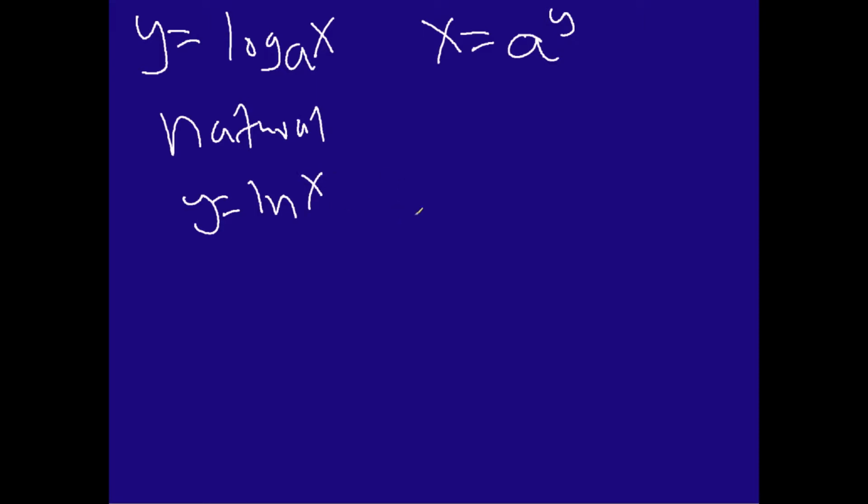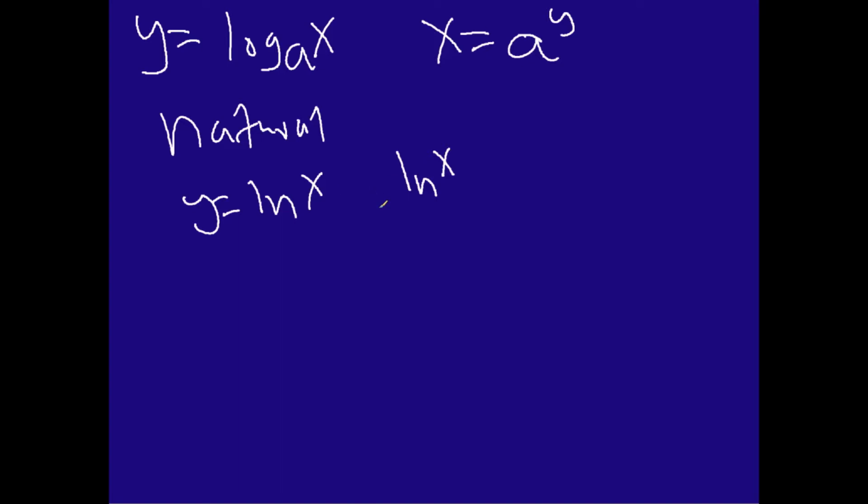When we say ln x, we're talking about the base being Euler's number, the famous letter e, which is about 2.71. Essentially, ln x means log base e of x. But because it's natural, in terms of being found in nature, we often just use ln instead, which stands for natural logarithm. So this is what we use right here.